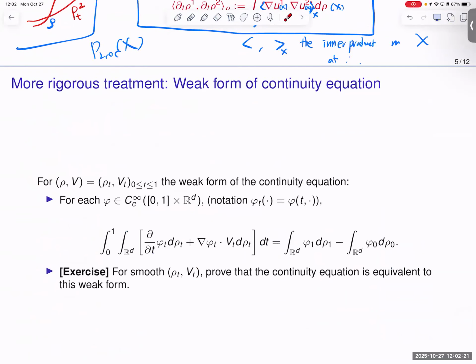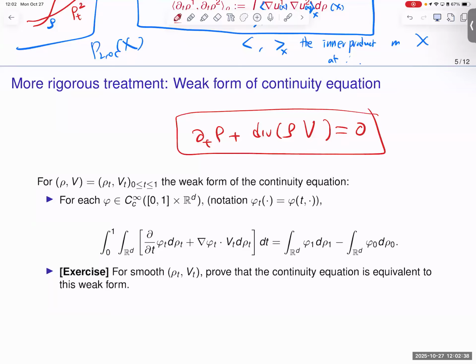Continuity equation. Maybe we have to remember what the continuity equation was. The continuity equation was like this, right? The time derivative of rho plus the divergence of rho b equals 0. The continuity equation involves differentiability of these objects rho and b, even in a pointwise sense.